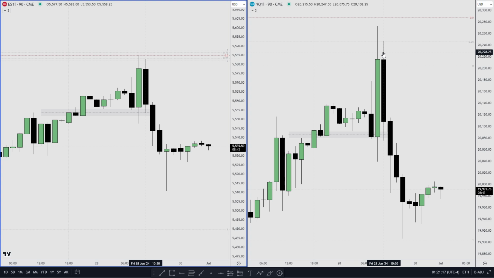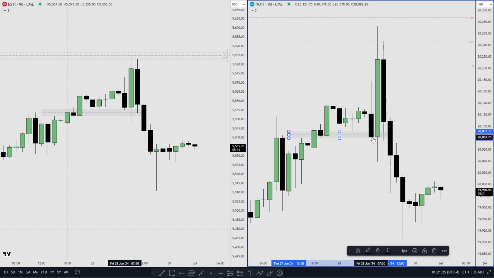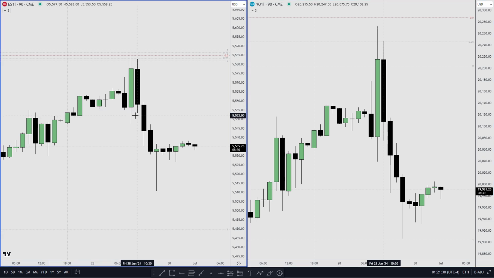So I wasn't able to participate in it as well. Okay, so on Friday, I have no trades. My model did not form, so I have taken no trades. So technically, for the entire week, I've only taken one trade, which is on Wednesday, I believe.